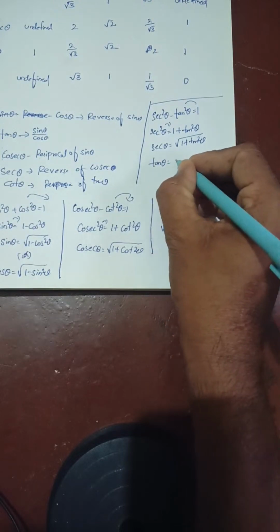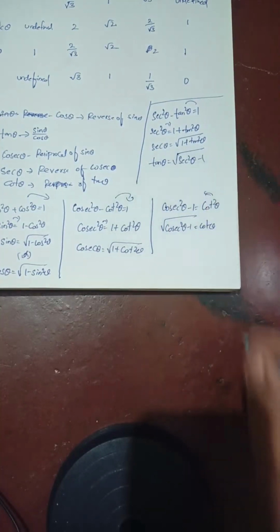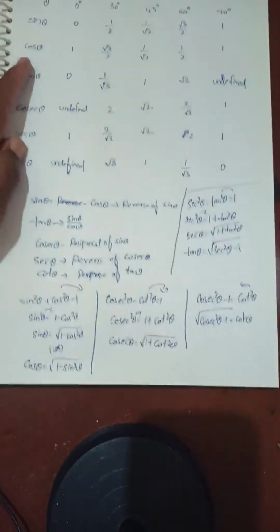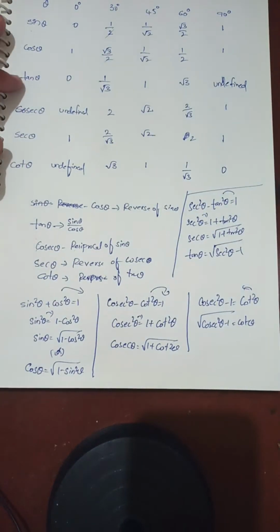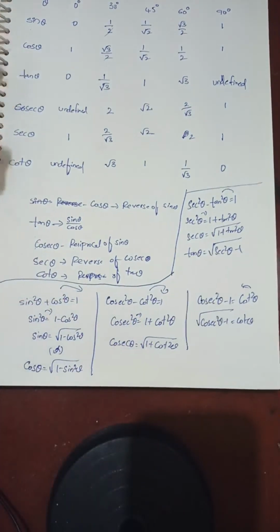Tan theta is equal to under root of secant square theta minus 1. So like this we need to write the identities. So these are the roots, how we are going to write out the roots of the trigonometric identities.